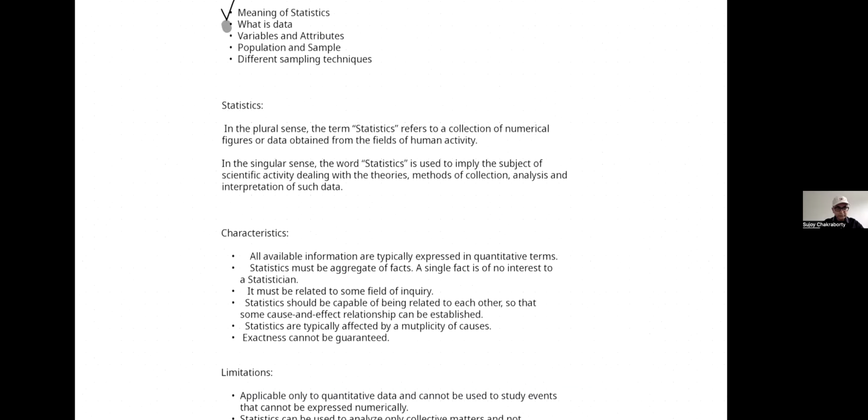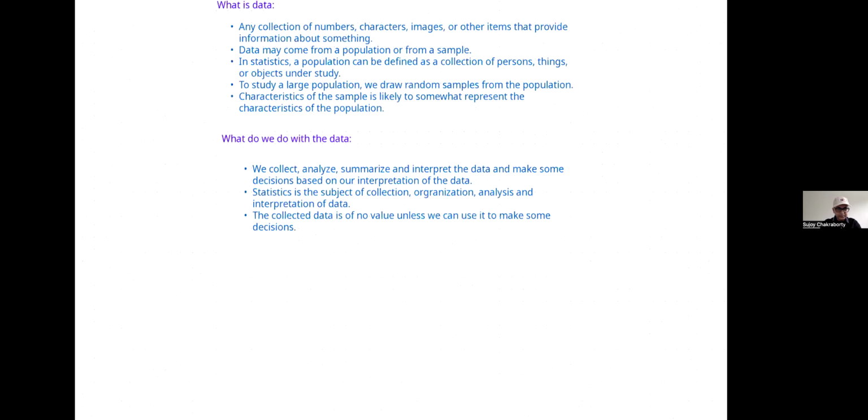So let's talk about different types of data, right? Types of data, and long story made short, we typically have two types of data, right?